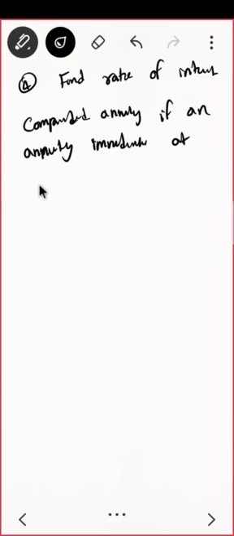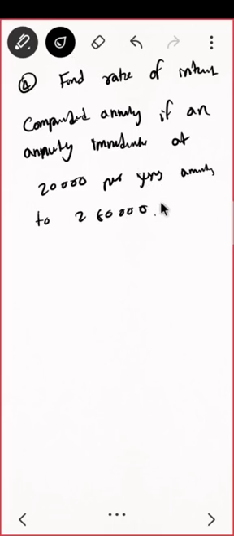Find the rate of interest compounded annually, if an annuity immediate of 20,000 per year amounts to 2,60,000 in 3 years.